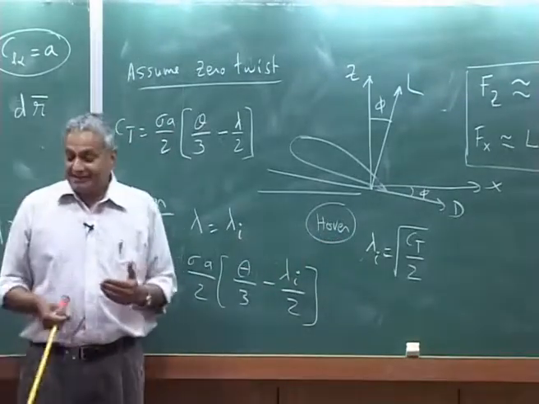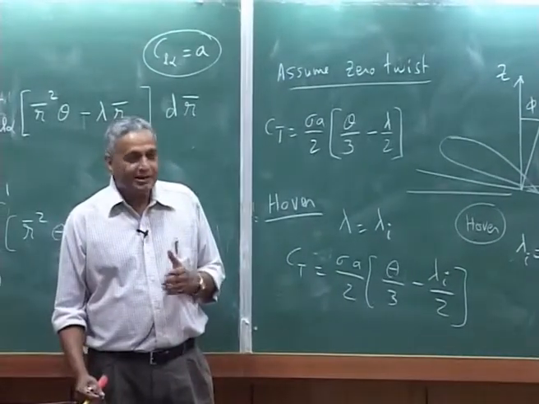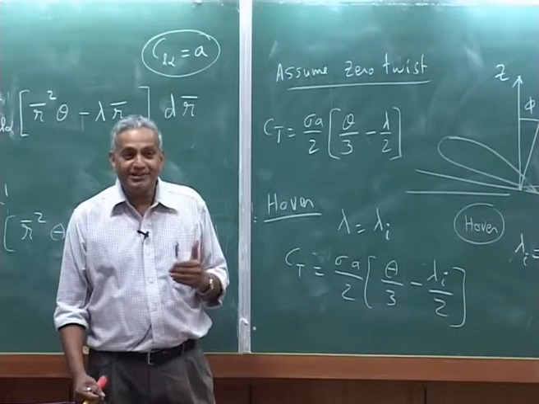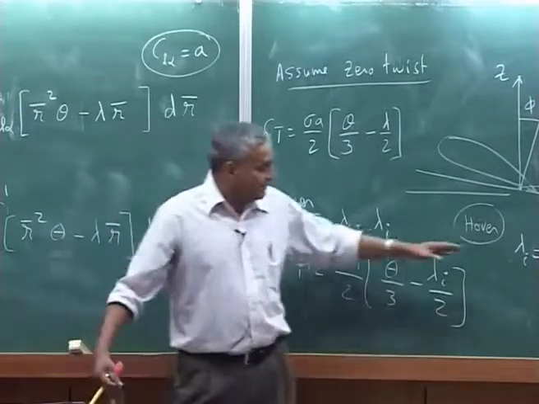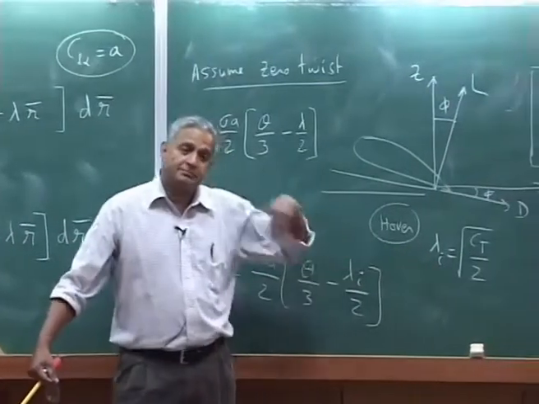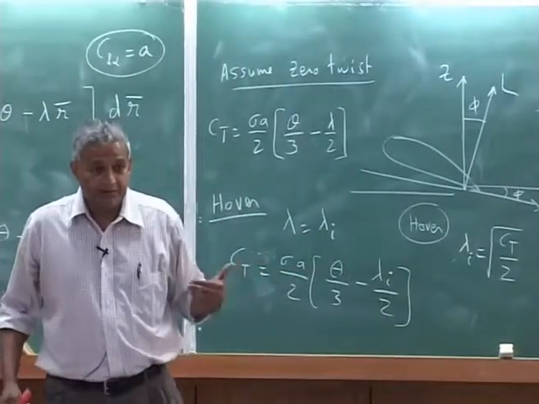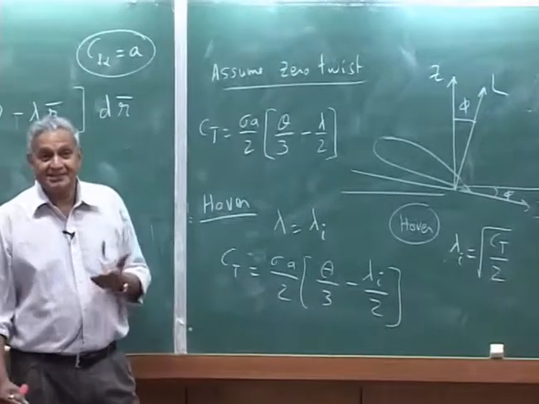Now in helicopters, you understand that you cannot live with only momentum theory, or only with blade element theory. You can replace the momentum theory by some other theory, vortex theory, but blade element theory is essential.